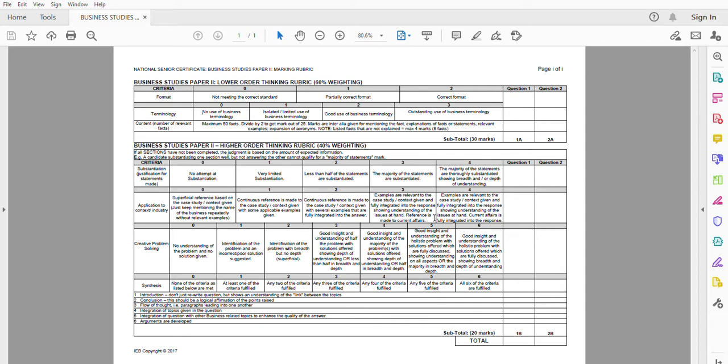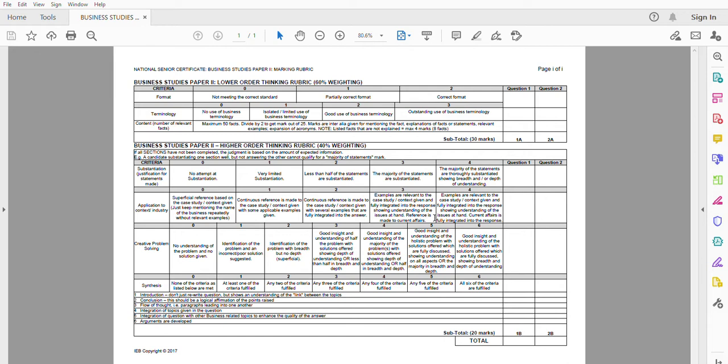Reference is made to current affairs. Again, it's all about your knowledge of the climate, of the macro environment, of the micro environment, of the market dynamics at the moment, of the competitive environment, all those sorts of things. Moving into the industry at hand and continuously referencing the case study that we have given you are important to get the marks within the section.